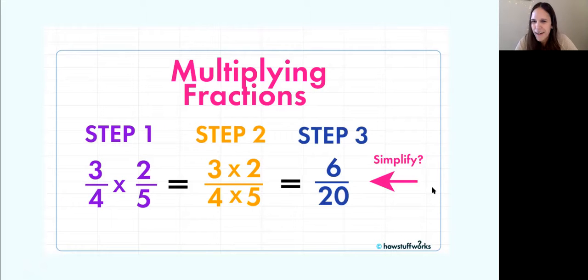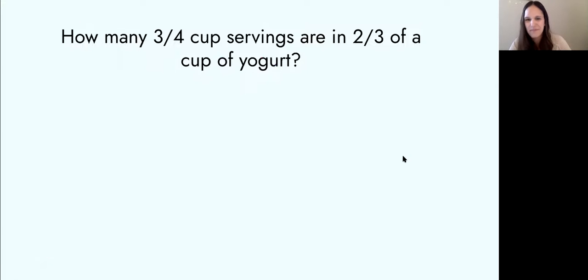Then we can simplify, so find the greatest number that can be divided into both the numerator and the denominator. 6 and 20 are both even numbers, so certainly we can divide both of these numbers by 2. 6 divided by 2 would give us 3. 20 divided by 2 would give us 10. So 3/10 would be the simplified answer to this multiplication problem.